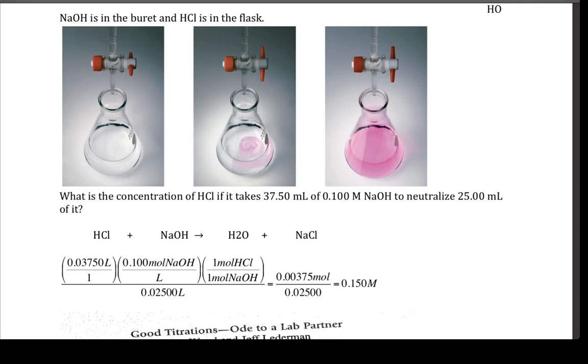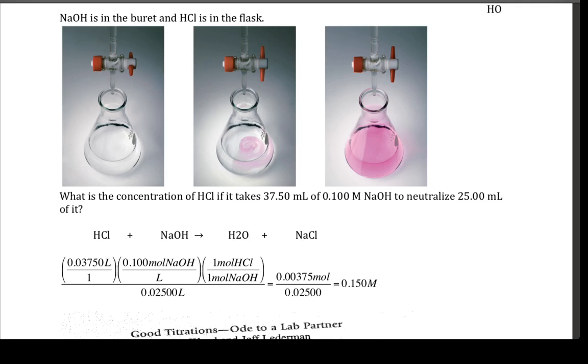So in our flask initially we have 25.00 mLs of HCl, and we're adding the 37.50 mLs of 0.100 molar NaOH to it to get to the equivalence point. So our reaction is HCl plus NaOH yielding H2O plus NaCl.